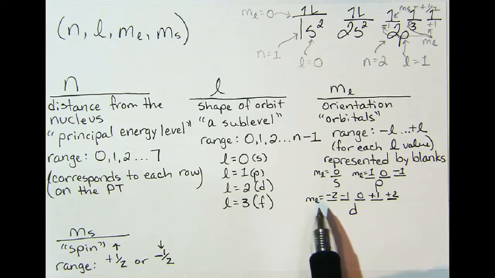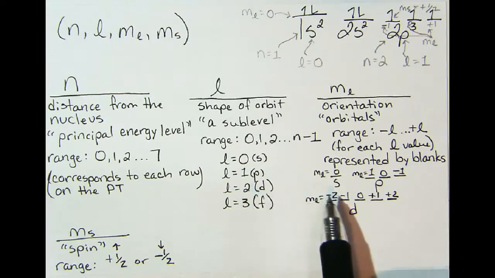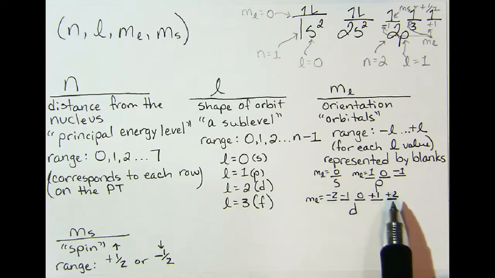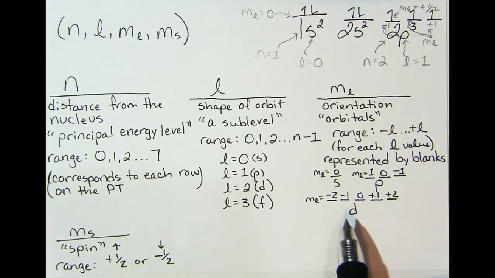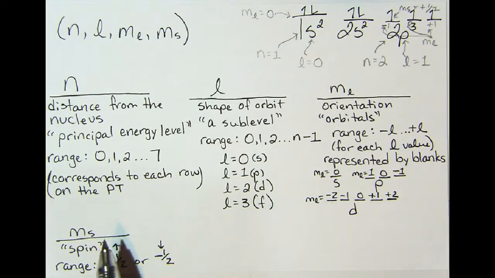And then the ML value for L equal 2 is going to range from -2 to +2, which gives us a total of 5 orientations, which is what the D orbital is capable of harboring. And then each ML value has 2 possible MS values, a +1/2 or a -1/2, represented by up arrows and down arrows.